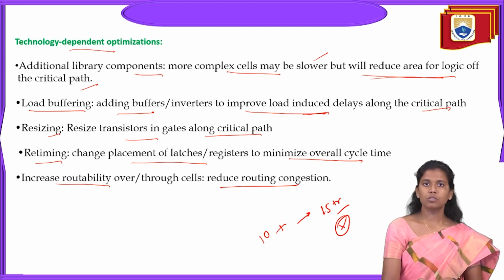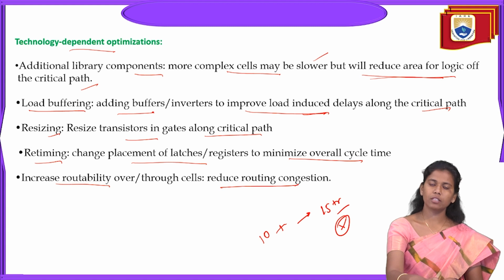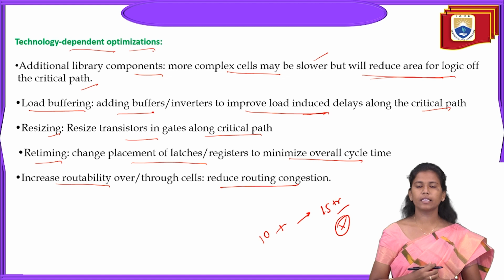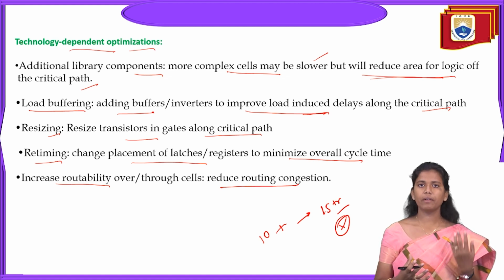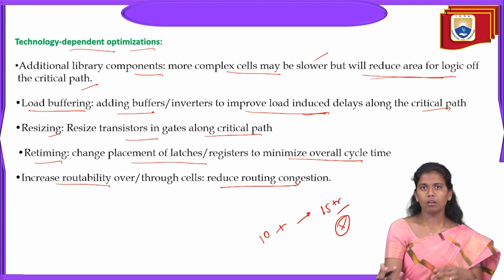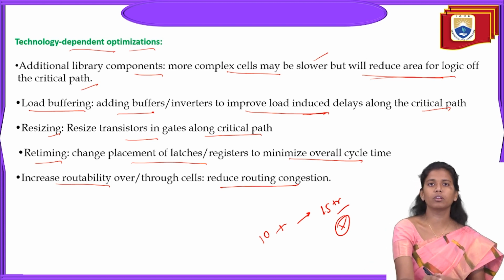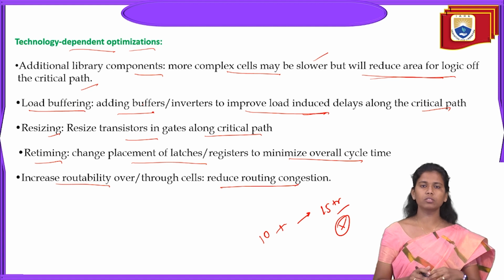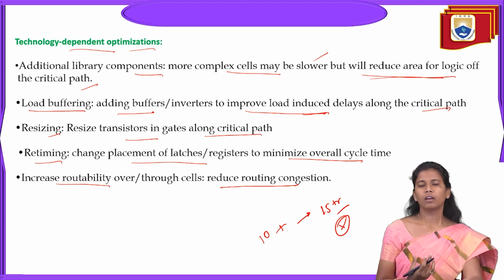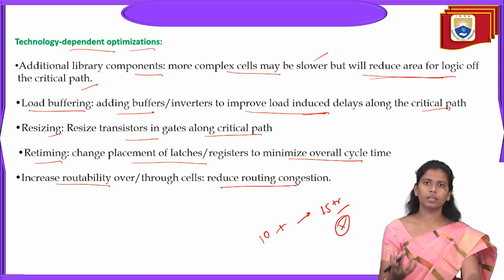So these are all advantageous factors, which is why we call them technology dependent optimizations. Being a designer, when you are designing a module, you have to keep in mind that rather than going to technology independent optimization, we can consider technology dependent optimizations, because there are several advantages where a designer can smoothly design a particular model.